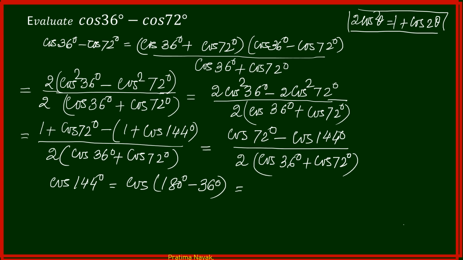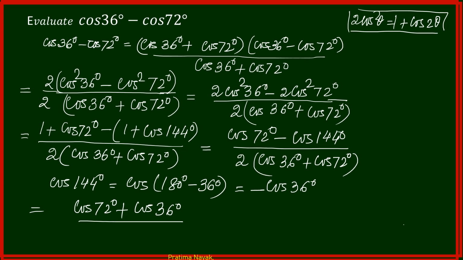So that will be minus cos 36 degree, and if I take the minus here, it will be positive. So it will be cos 72 degree plus cos 36 degree upon twice cos 36 degree plus cos 72 degree.